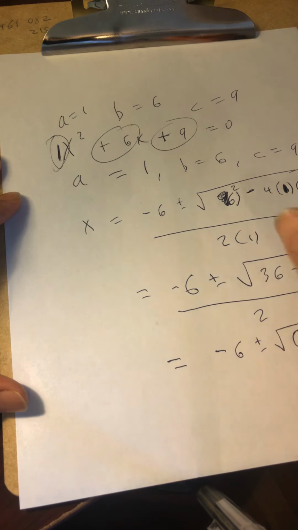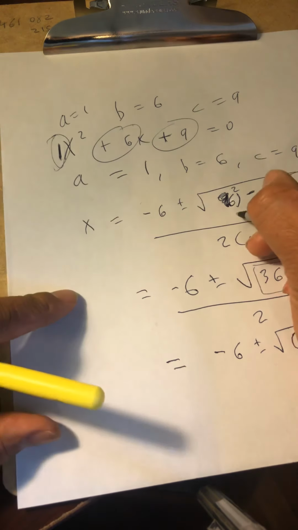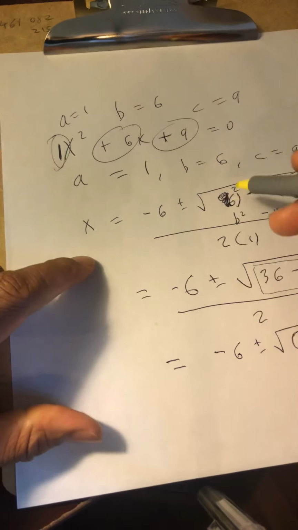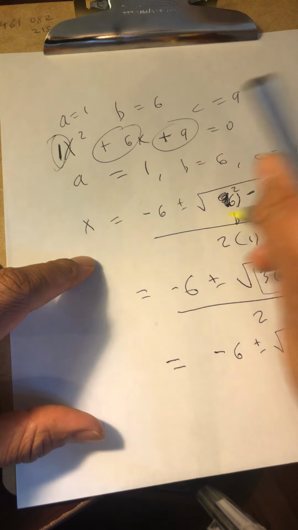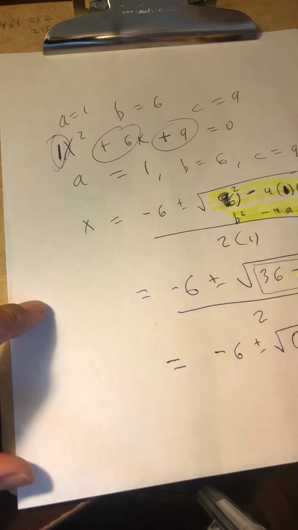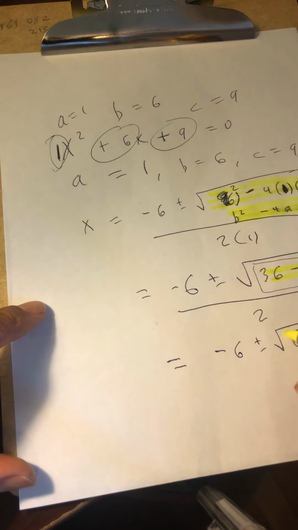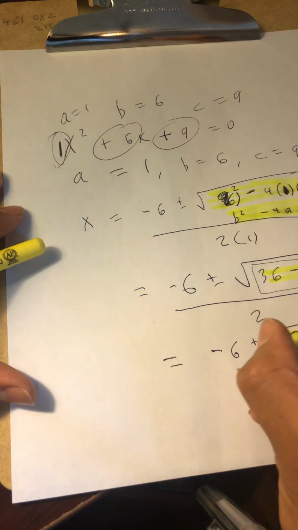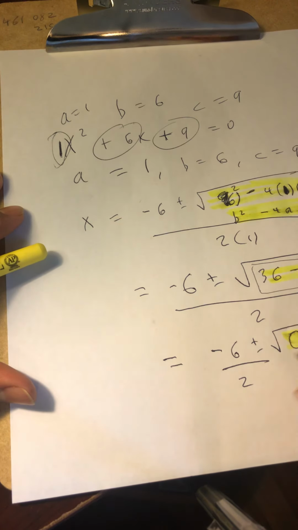Do you see the discriminant here is 0? This is the discriminant. Remember, this here is b squared, this is minus 4ac. So that was the discriminant that we have under the root right here, and it turned out to be 0. And you saw what happened: if the discriminant is 0, then plus or minus 0 gives you the same thing.